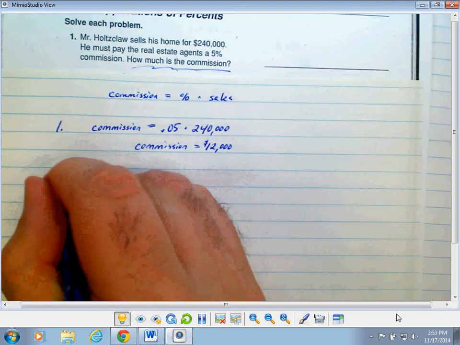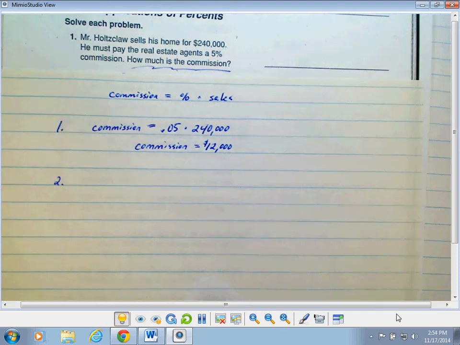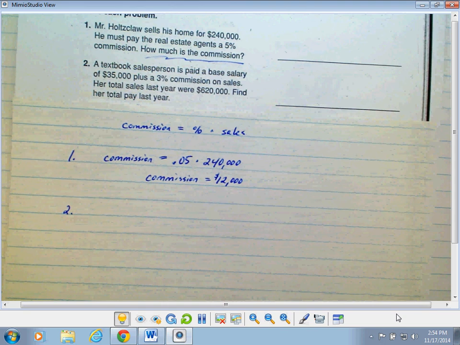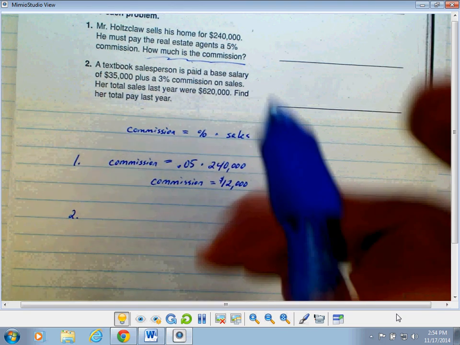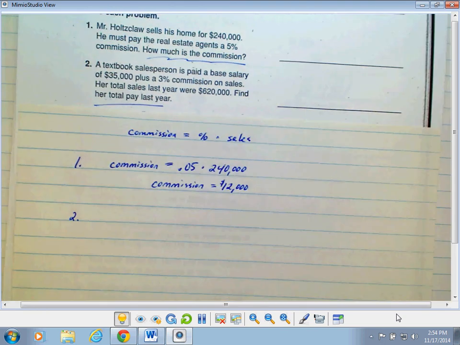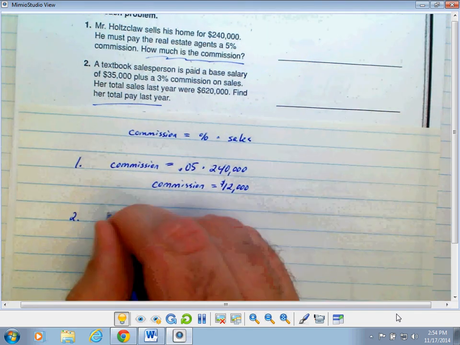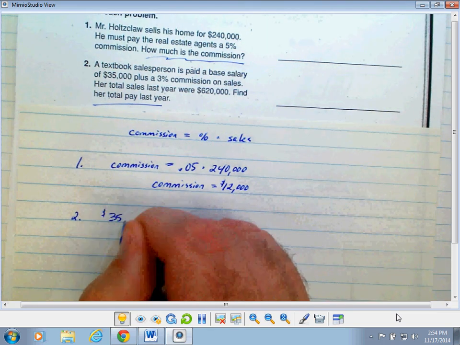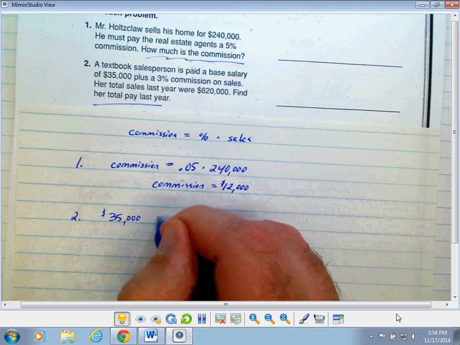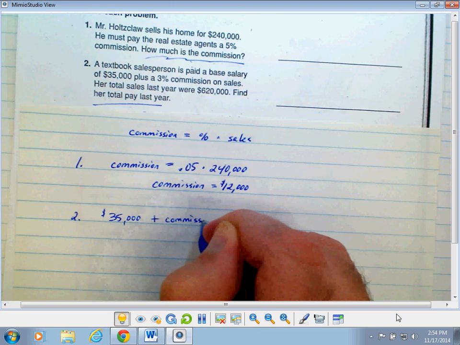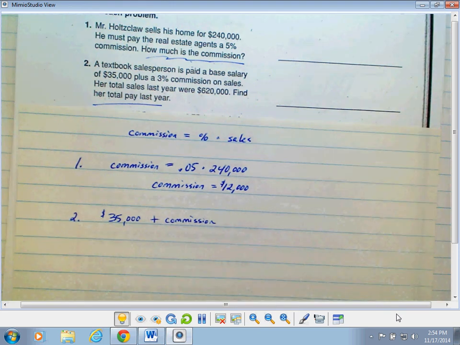Okay, so let's look at number two. We still have a commission problem, but this one's a little bit different because they want you to figure out the total pay for a year, and what they tell you is that their pay is a base salary of $35,000. So the person's going to get paid the $35,000, but they're also going to get paid a commission, which is kind of like a bonus or an incentive on their pay.